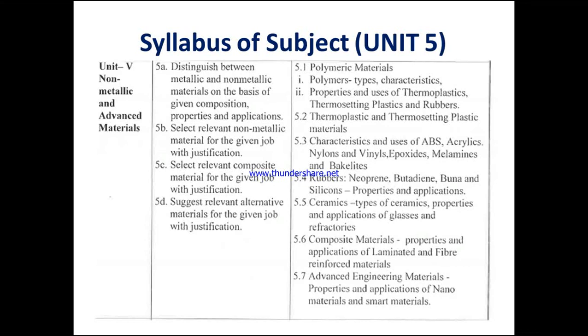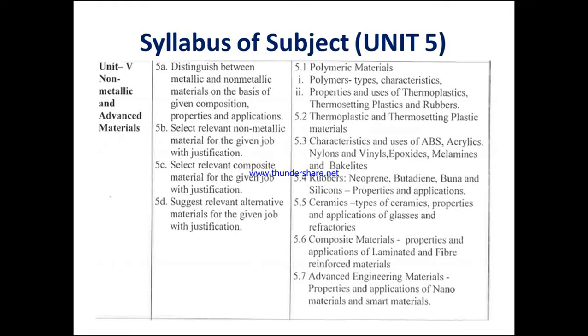Then the composite material. A composite material is a combination of two or more different types of materials. Some may be metals or some may be fiber. So this is called composite materials, that we will discuss in unit number 5. And the last one is advanced engineering materials, that is nanomaterials and smart materials.